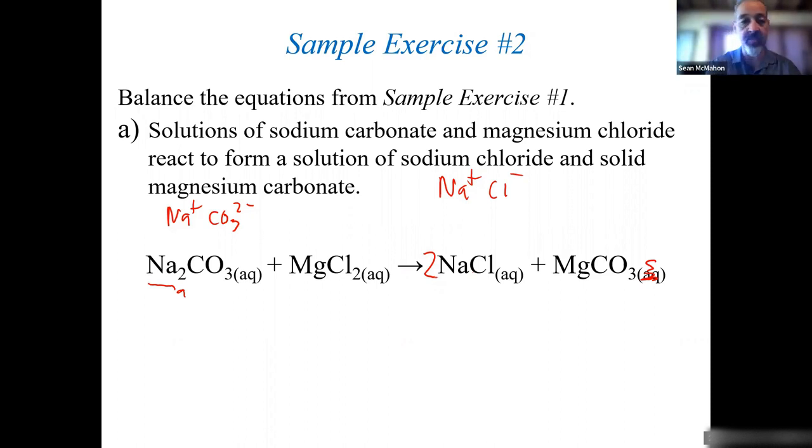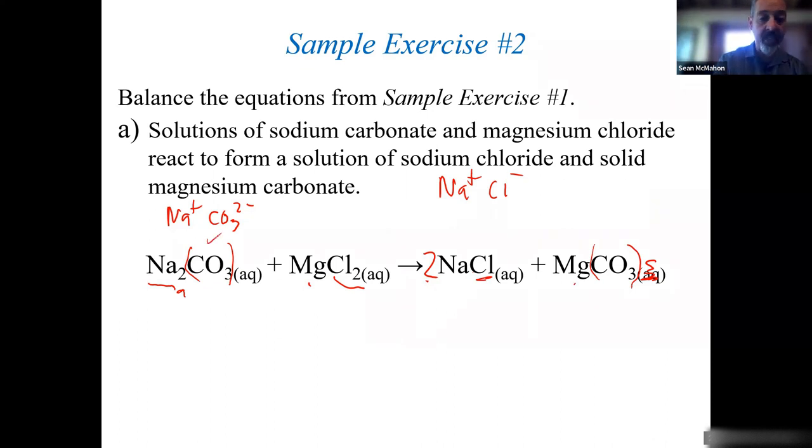So now I have 2 sodiums. I did metals first. Magnesium's a metal. 1 magnesium, 1 magnesium. Okay. Then I go to non-metals. I have 2 chlorine here. And what do I have? 2 chlorine here. So my chlorines are balanced. And then I notice that there's a carbonate on this side and one on this side. There's no need to separate the carbons and oxygen, keep it together.